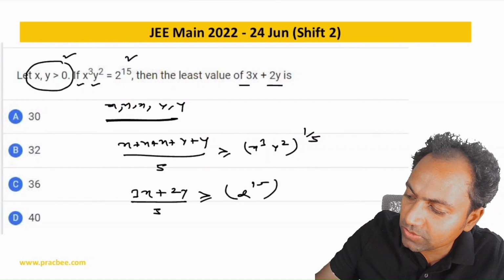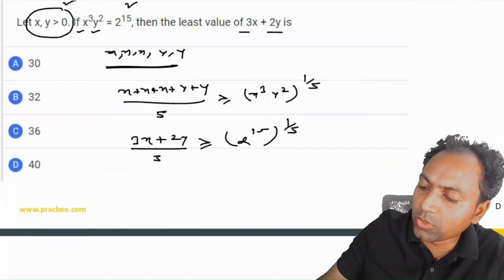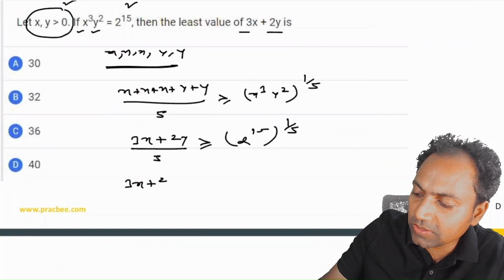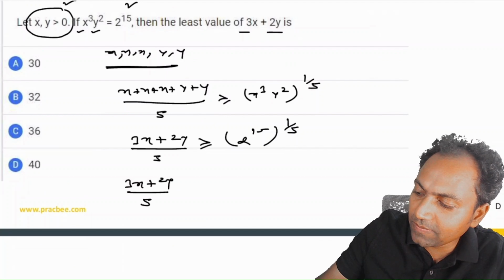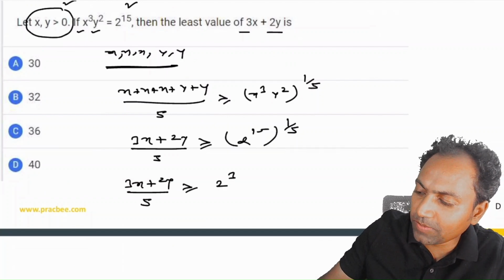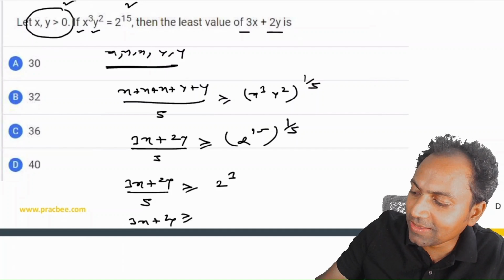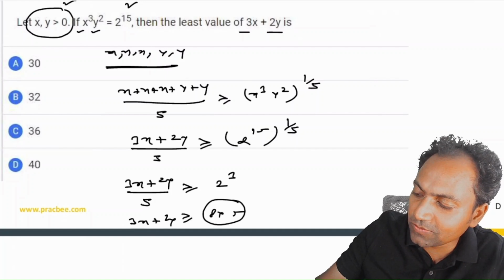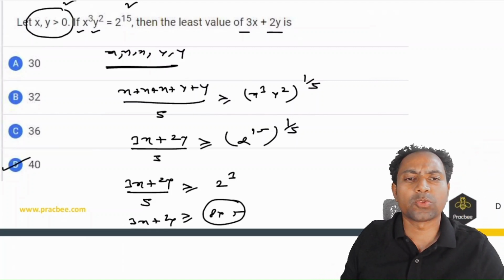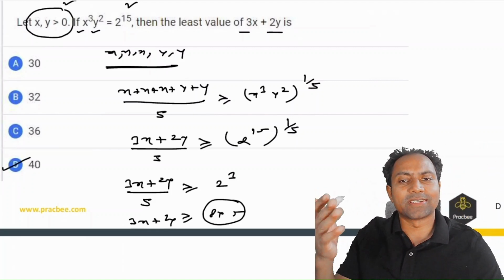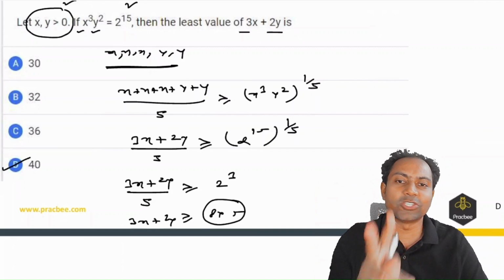Let us substitute this value. So what we get is (3x plus 2y) by 5 is greater than or equal to 2 raised to the power 3, or 3x plus 2y is greater than or equal to 8 into 5, that is 40. So quite a simple question, but this idea of weighted AM-GM, the same thing getting repeated again, has been asked in JEE twice.